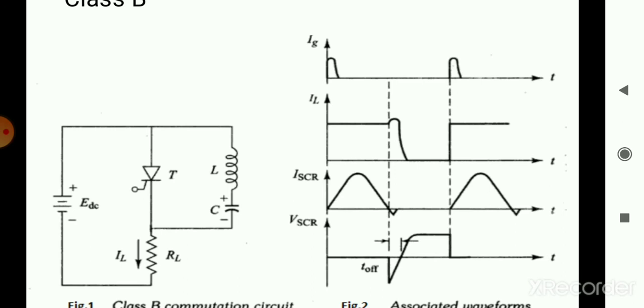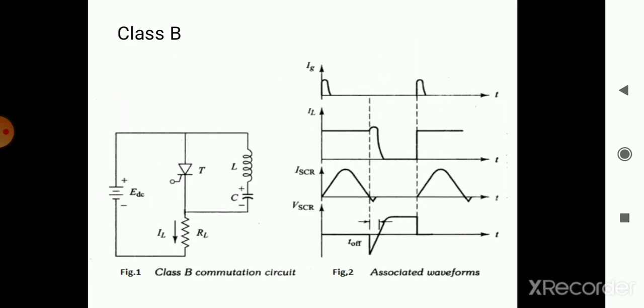As per their design, we can switch on the SCR, based on the values of C and L as well as R selected. In a textbook there is a derivation for class A as well as class B. But for your syllabus, only the circuit as well as the waveform you have to draw properly along with some theory. The derivation part is not there for your syllabus.